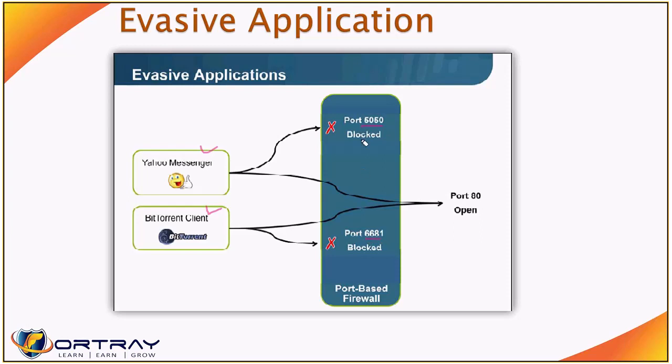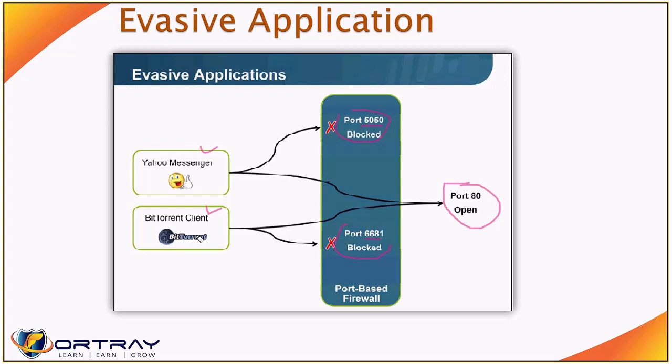However, if you block these ports, they have the capacity or tendency to change themselves to a different port, for example port 80. As a result, they can trick and deceive the firewall, because if port 80 is allowed from anybody, that means they can get through. So these are called evasive applications.